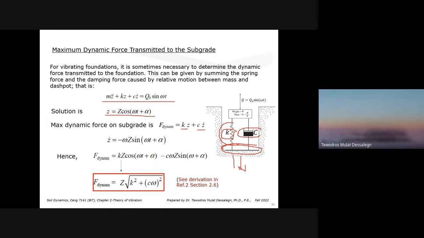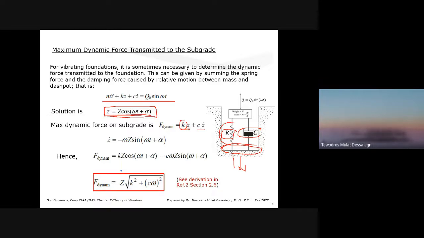In the case of damping, it's resisting some of the motion, or damping out some of the motion going to the soil. So if we know the displacement solution for the general equation of motion, K times Z, the stiffness force, is just the stiffness of the soil times Z. We know Z at any time.